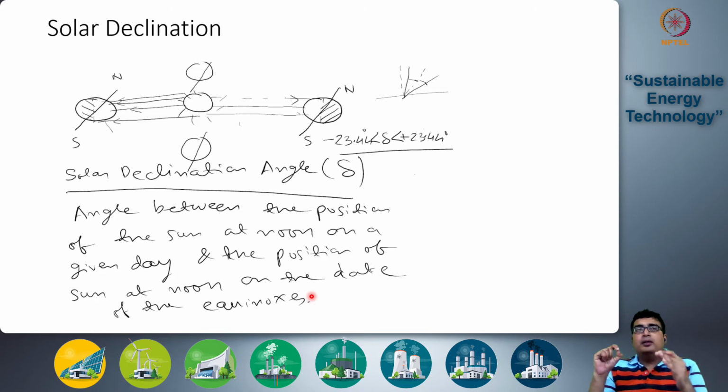So remember, the equinoxes fall in March and in October, the spring equinox and the autumn equinox. And on those days, you get an equal number of daylight hours and night hours throughout the globe.